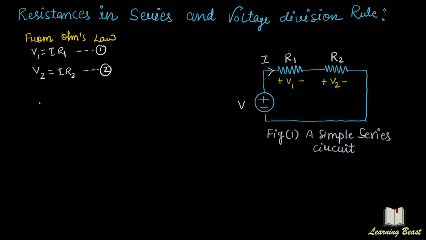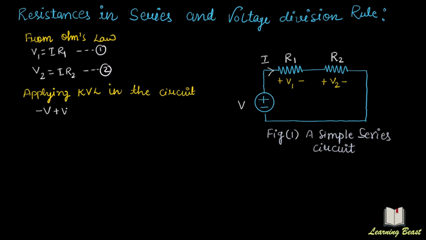Now, if I apply the KVL in the circuit, then we can write minus V plus V1, the voltage across resistor R1, plus V2, the voltage across resistor R2, is equal to 0.